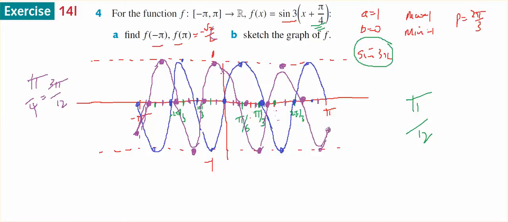And it'll go up and finish at pi and minus root 2 on 2. And I'll get negative pi and minus root 2 on 2. And that point up there at 0, I'll put it at 0, sine of 3 pi on 4 is positive root 2 on 2. So the purple curve is the curve that I'm interested in. I'd redraw it.